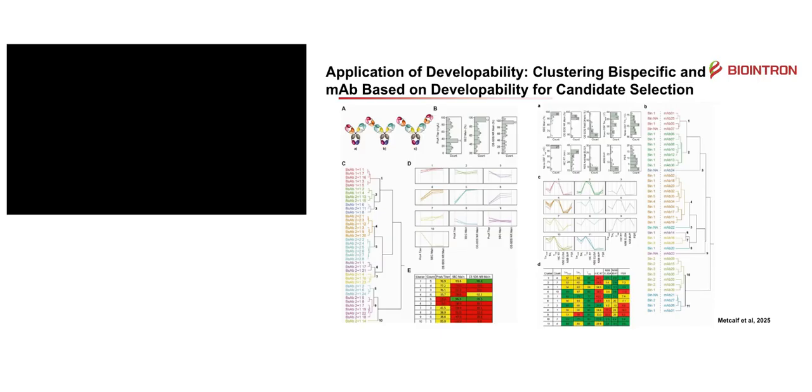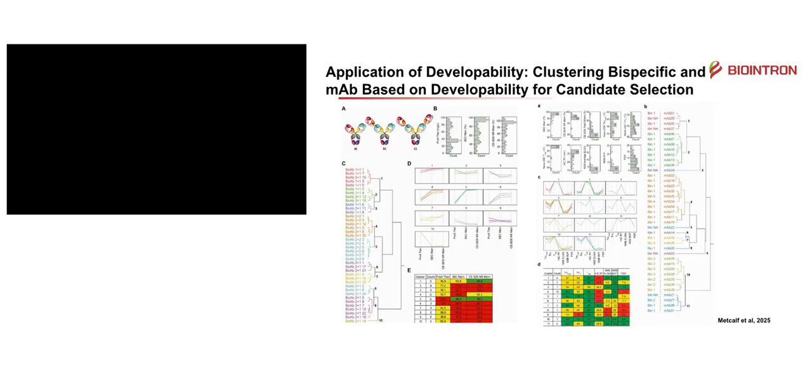And this is another. The slide is quite busy. It was a really new paper published by a Merck scientist. So they have done developability for bispecifics, protein A titer, SEC purification and SEC purity and CE-SDS purity to group different antibodies, because different antibodies will have different characteristics, and they can pick a good antibody with good functionality within the same group.